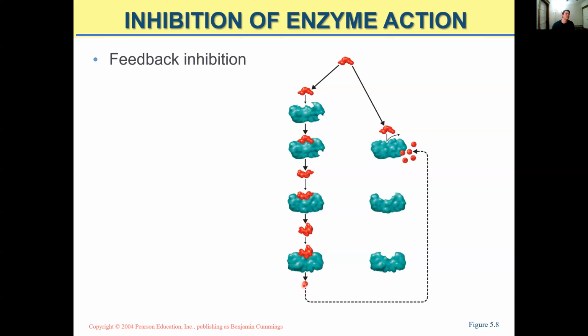But now that final product in many instances can act as a non-competitive inhibitor, meaning if you produce this end product in enough abundance, it'll start stopping the reaction. It'll start interfering with the enzyme activity, thus preventing the cell from making more of the end product than it needs.